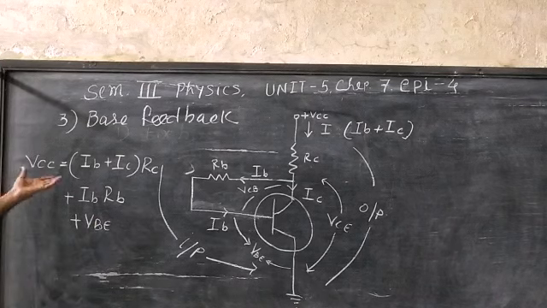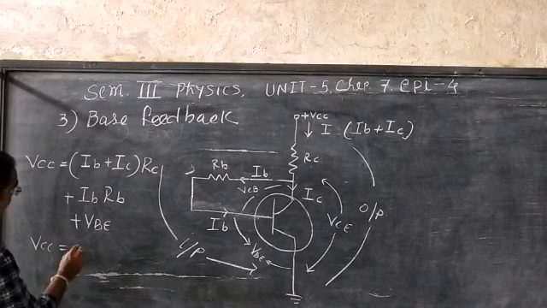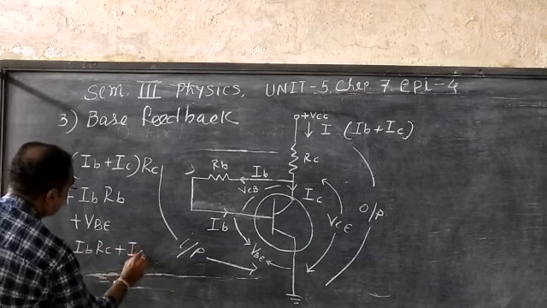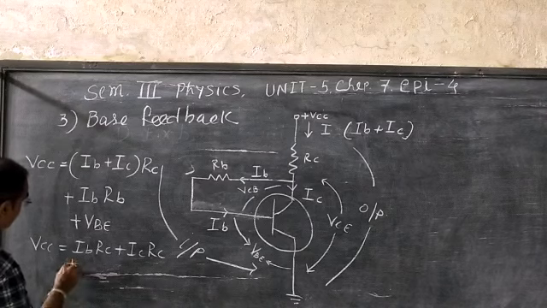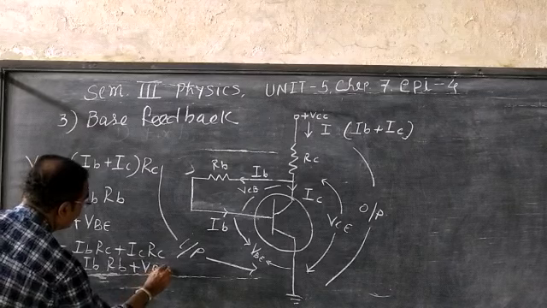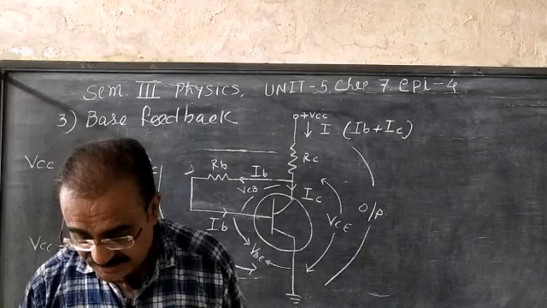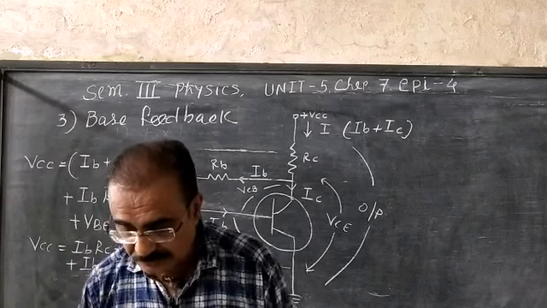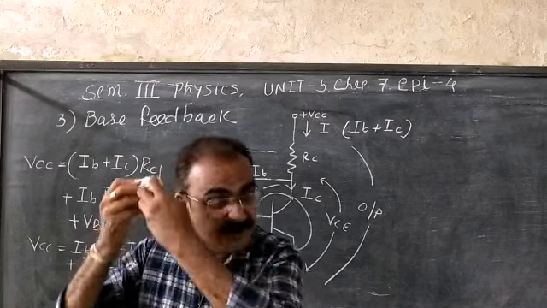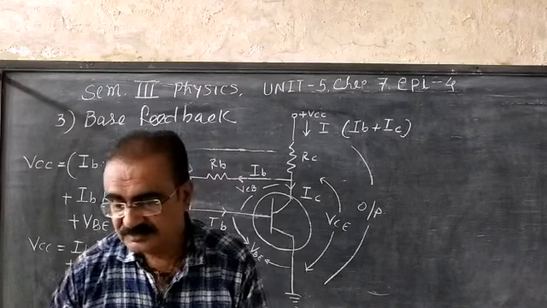Now let us simplify these equations: IB RC plus IC RC plus IB RB plus VBE. Now we are concerned only with the base current, because our circuit name is base resistance feedback circuit.